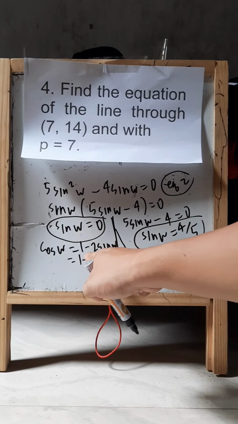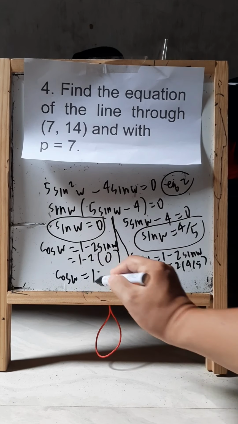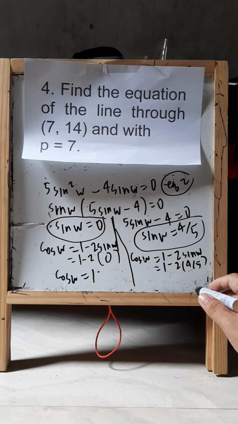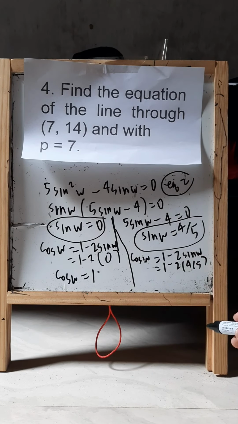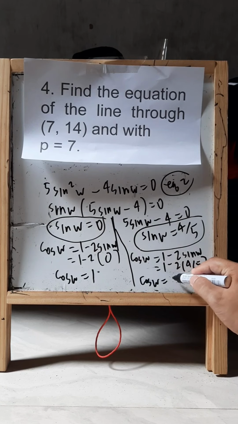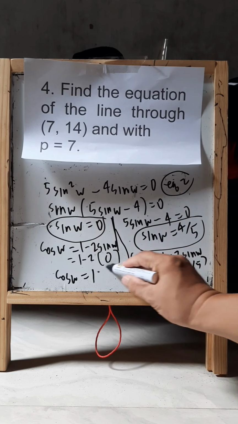Sine w is 0, so 1 minus 2 times 0 is what? 1. And if sine w is 4 fifths, what is 1 minus 8 fifths? That is equal to negative 3 fifths.